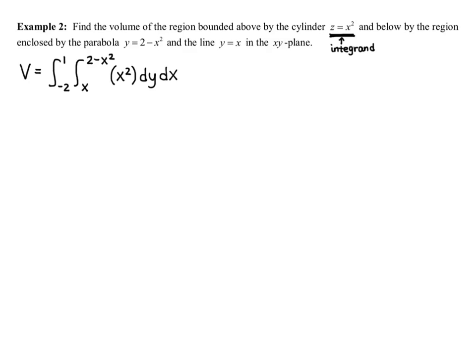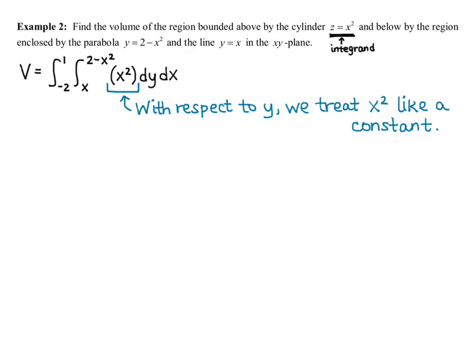Now we work our way inside outward, so we are integrating with respect to y first. With respect to y, we treat the integrand x squared like a constant. We still need to write the outer integral from -2 to 1, since we have not done anything with it yet.